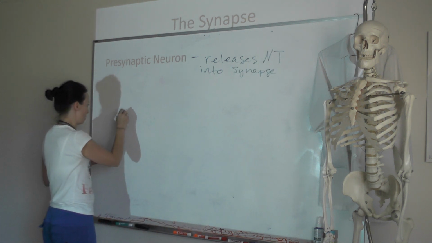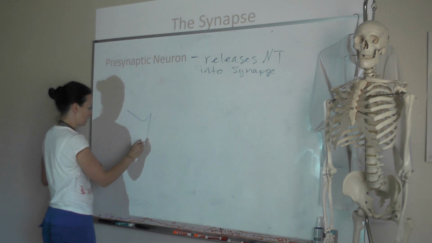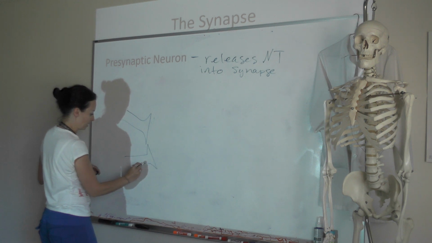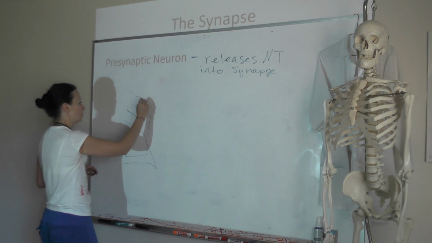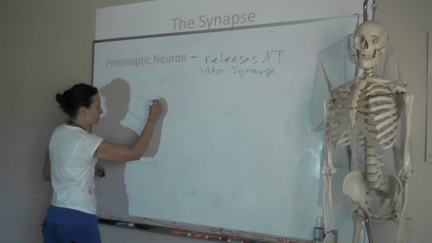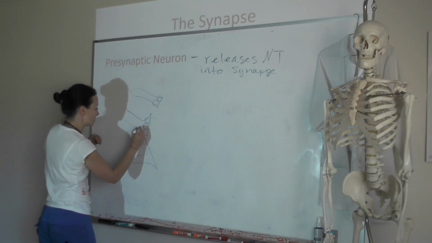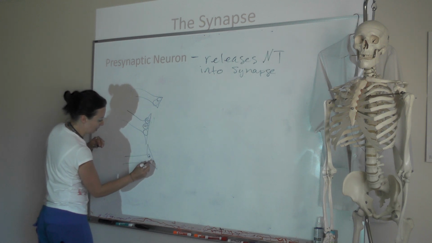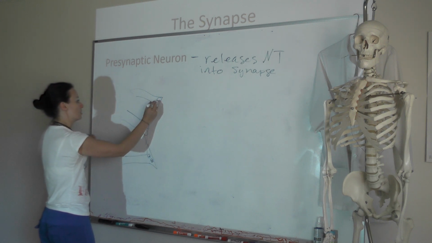Okay, so neurotransmitter comes out of those axon boutons, or axon terminals, or synaptic knobs, or whatever it is you want to call them. So we've got these vesicles of stored neurotransmitter hanging out down here, and these are our presynaptic neurons. Okay, so cool.